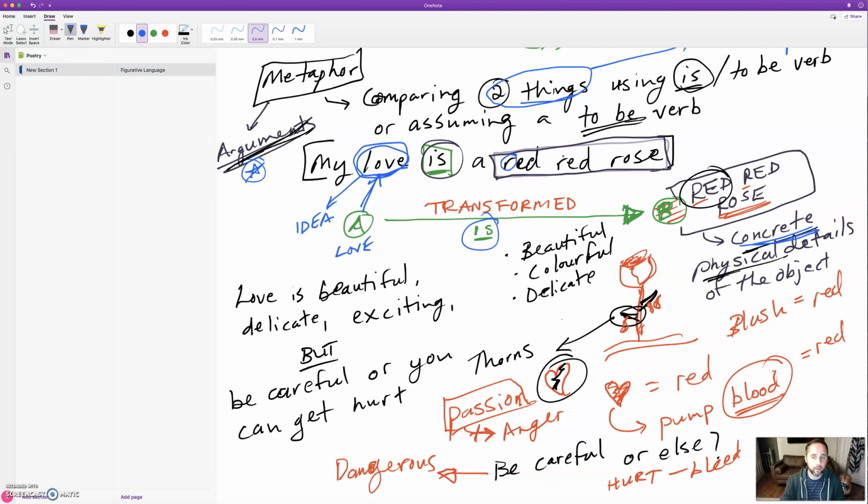I've done something here as well, just incidentally. There are 3 words beginning with the letter R in a row. And you'll encounter this later, but when you have 2 or more words beginning with the same first letter in a line or a sentence, then that's another technique called alliteration.